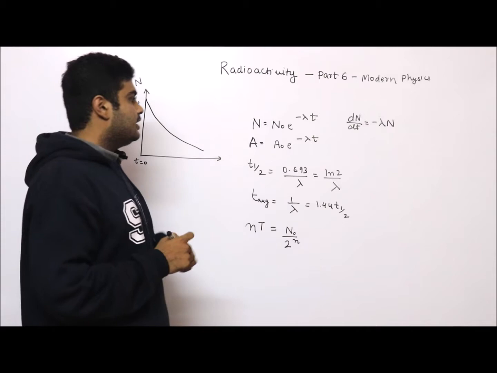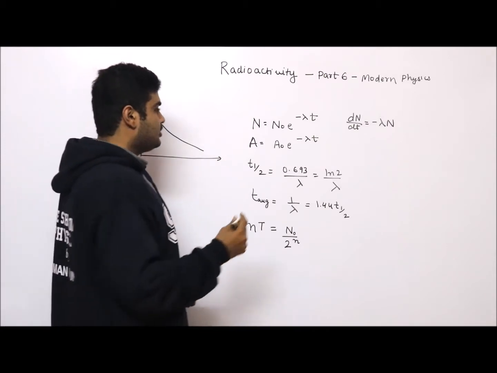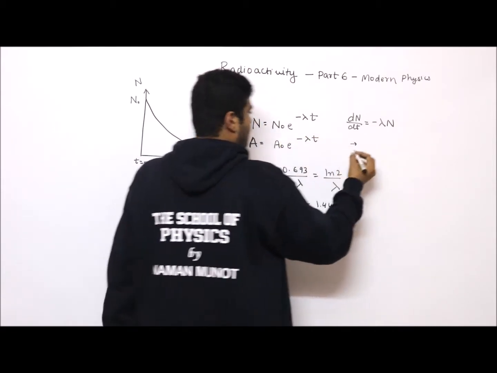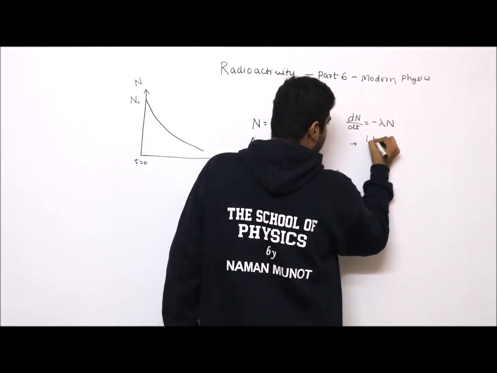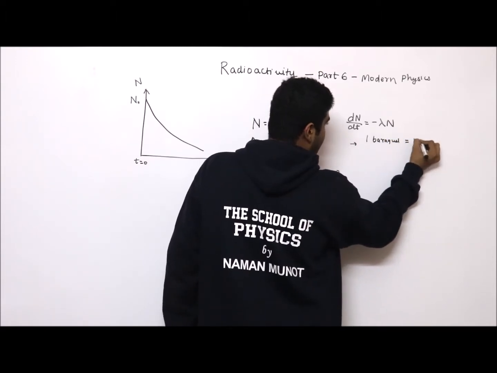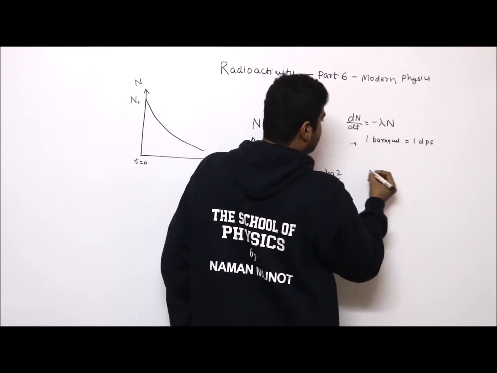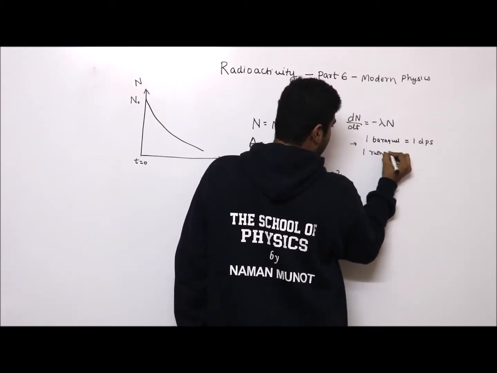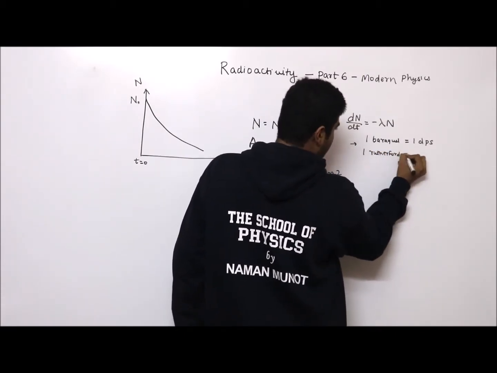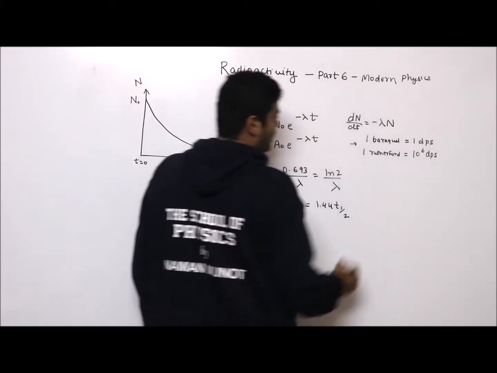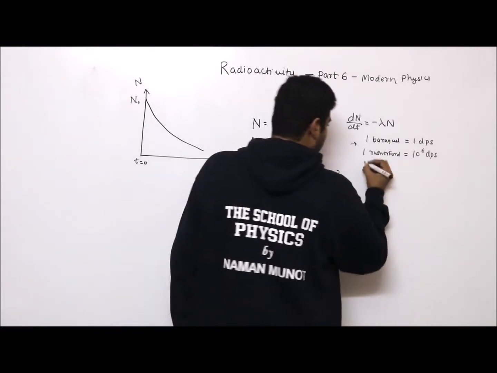Similarly, activity. Now activity has certain units. 1 Becquerel equals 1 disintegration per second. Then you must have heard about Rutherford. 1 Rutherford in terms of activity is 10^6 disintegrations per second.